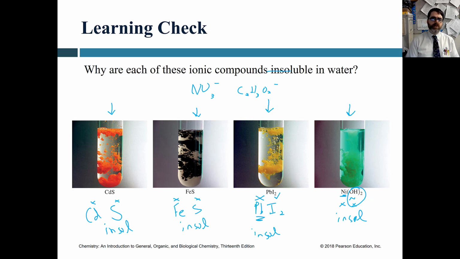These would be reactions where you took two soluble ions, something like cadmium nitrate, iron nitrate, lead nitrate, nickel nitrate, and then some kind of alkali metal bonded to the negative ion, something like sodium sulfide, sodium iodide, and sodium hydroxide.